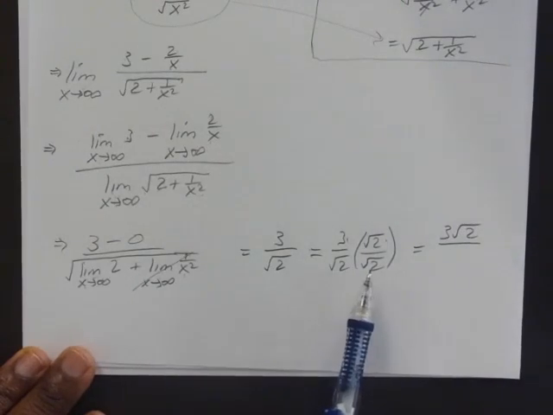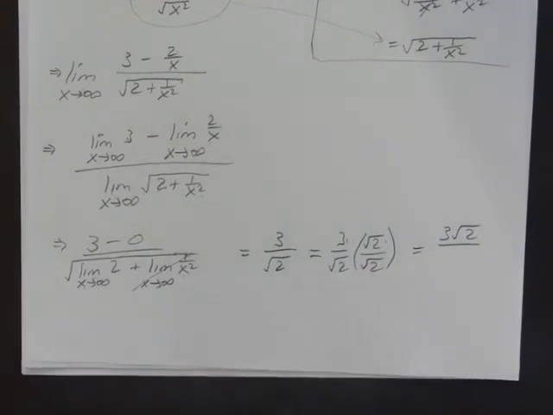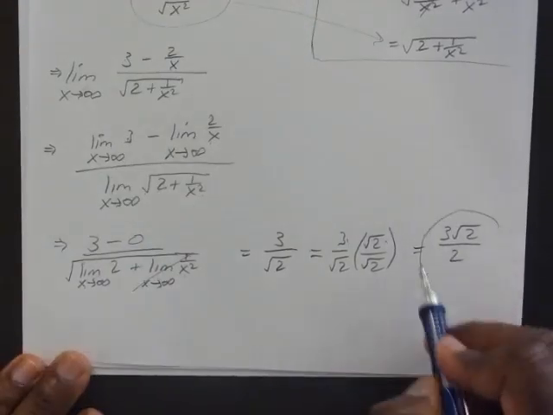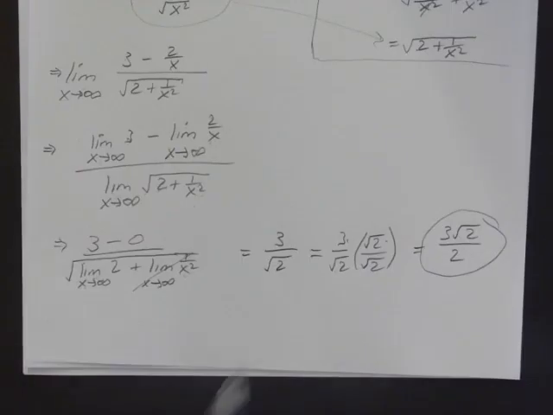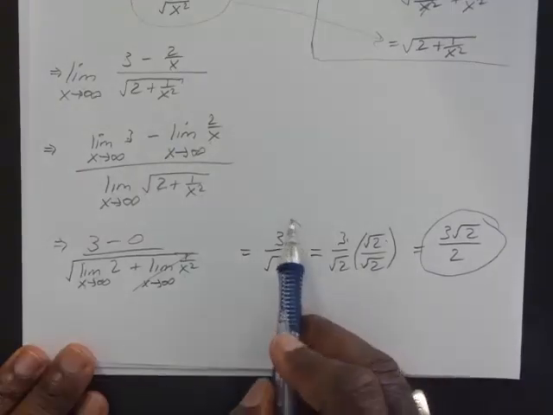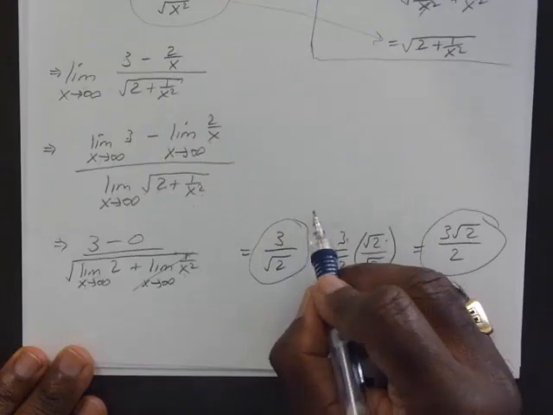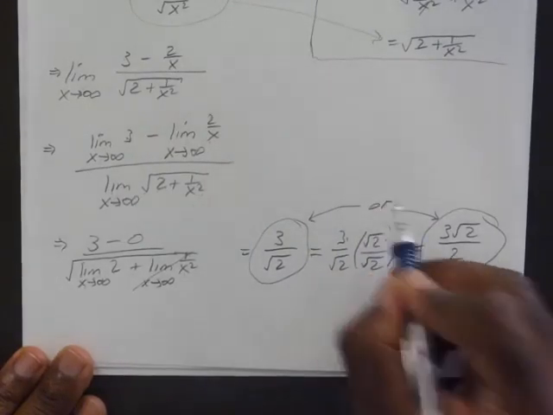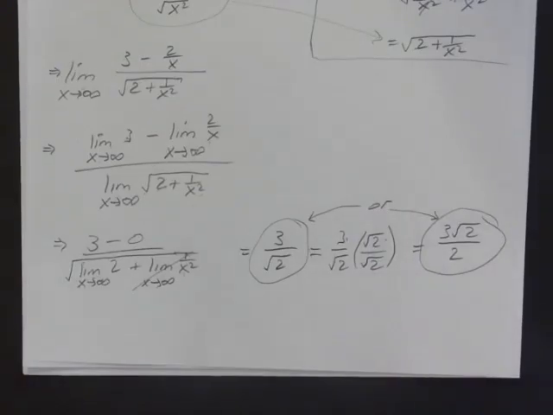And the square root of 2 times square root of 2 is the square root of 2 squared, which is just 2. So again, they may ask you to rationalize it. So it could be this way or this way, depending on which way they want the answer written.